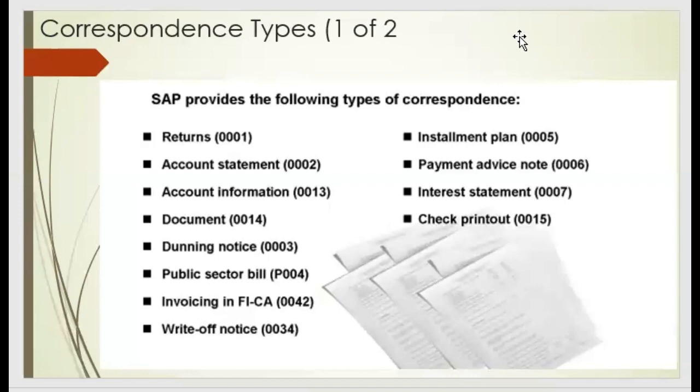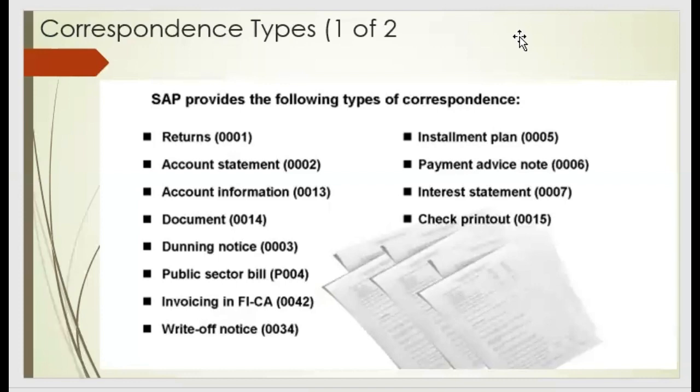Right of notice. Right of notice may be of two types. But mostly if somebody's amount is written off, once we write it off from our GL and we close the open item, we send that write off notice to the customer. Installment plan, similar stuff.